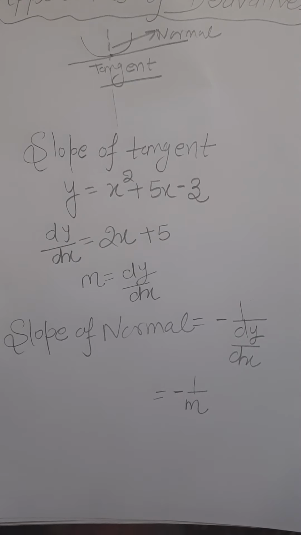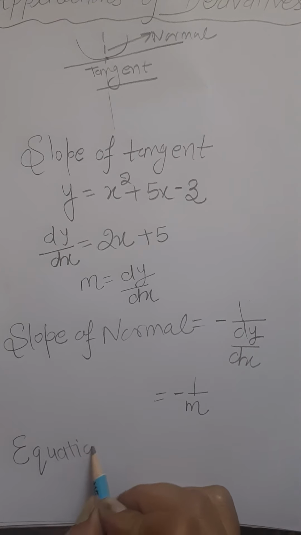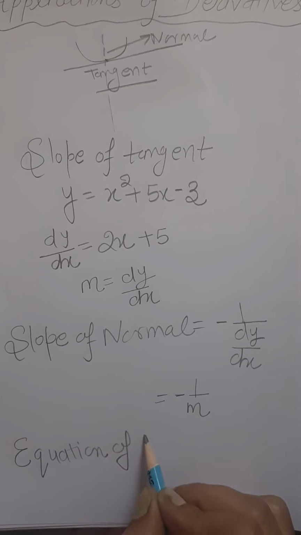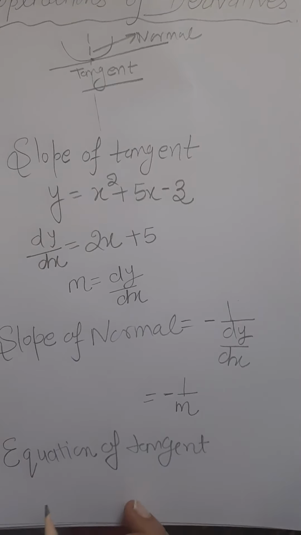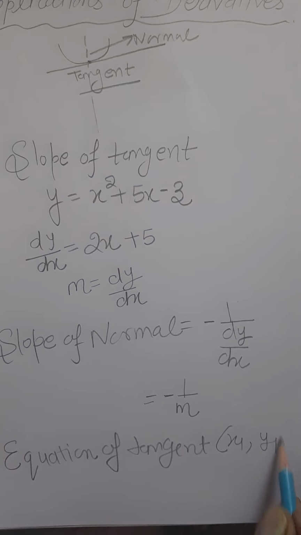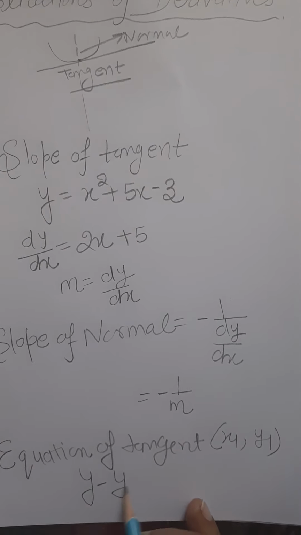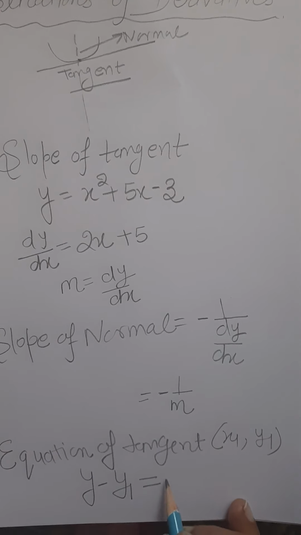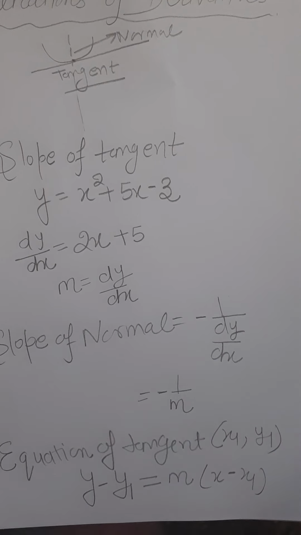Now our next topic is the equation of the tangent. How can we find the equation of the tangent? To find it at a particular point x1, y1, we use the formula y minus y1 is equal to m times x minus x1.